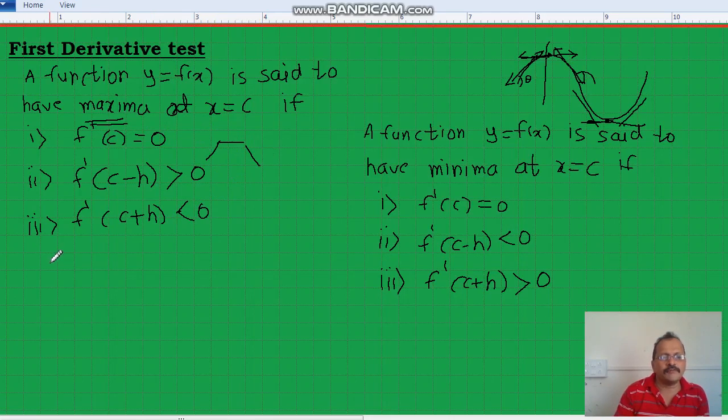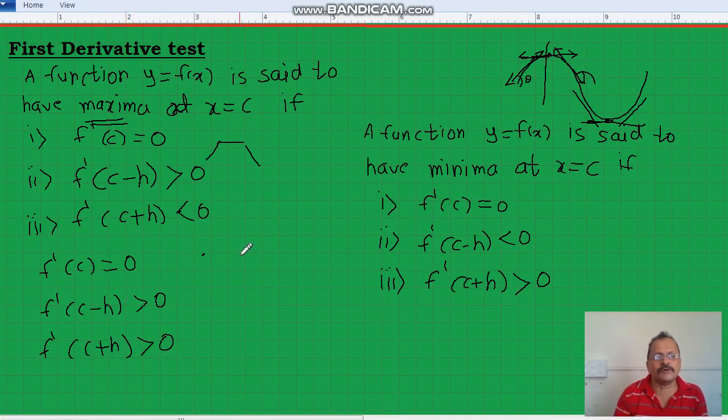But what if f dash c equal to 0 and f dash c minus h is greater than 0 and f dash c plus h is also greater than 0? That is, towards the left of this point c, the function is increasing, and towards right also the function is increasing, except at this point c. The diagram can be like this.